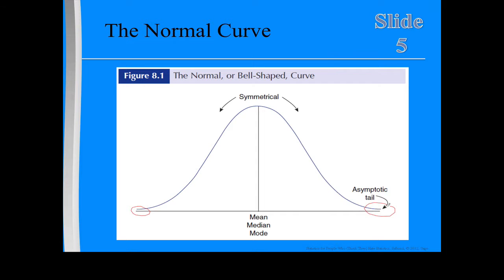But that simply means that as this tail curves down, it will start to curve out and away from the mean at an ever-increasing rate and will never actually meet the x-axis.